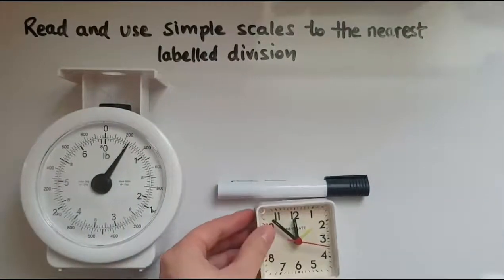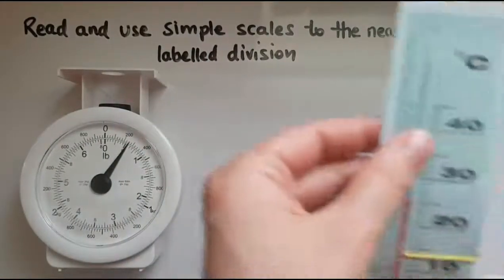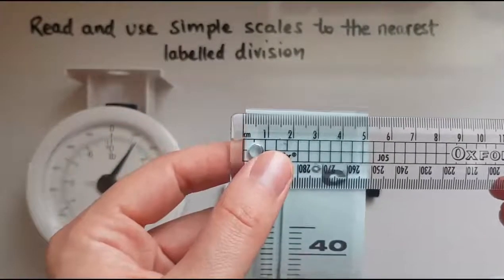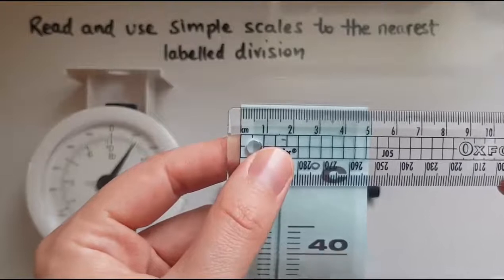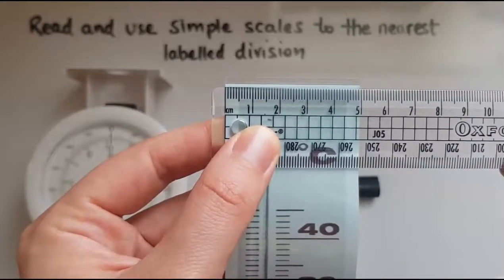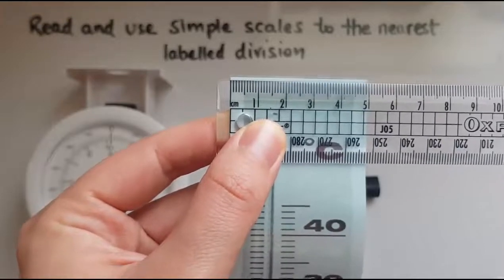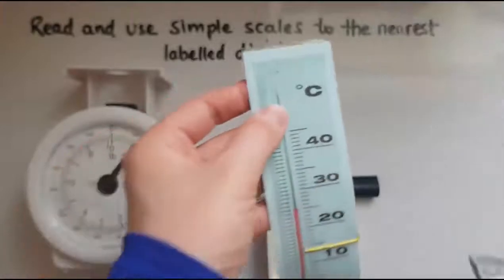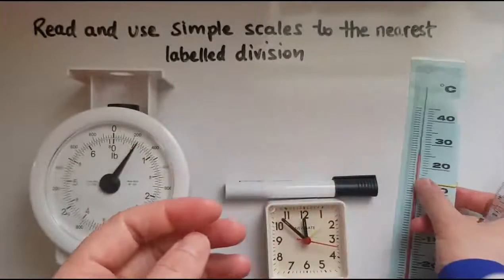And if I try and measure this thermometer, one side of it, this is again a bit less than 5 centimetres, but I'm going to say to the nearest labelled division this is 5 centimetres. So what is important to remember?